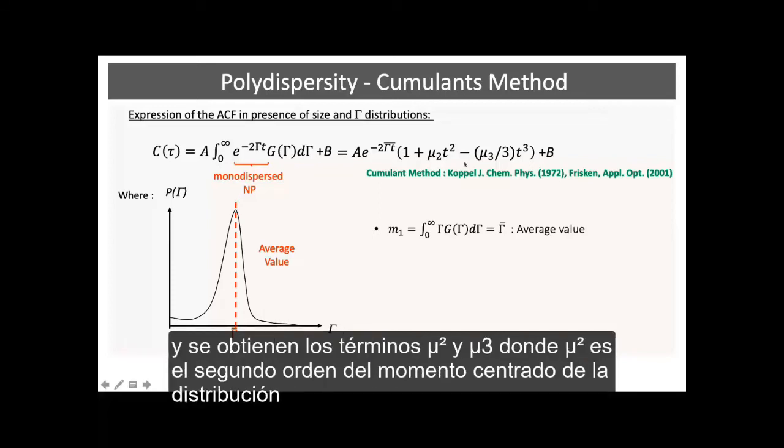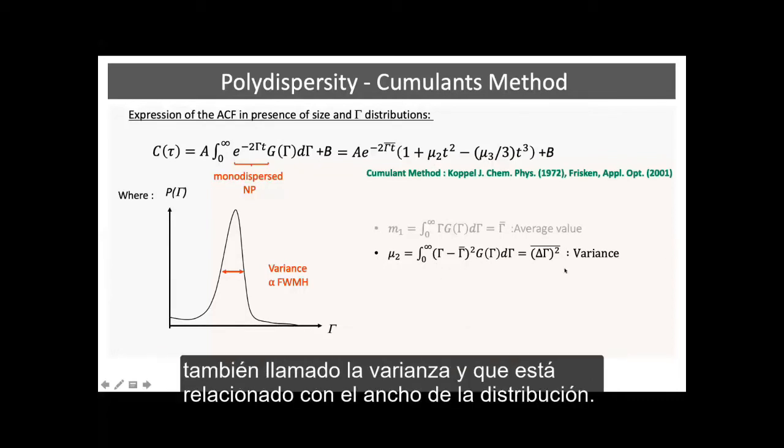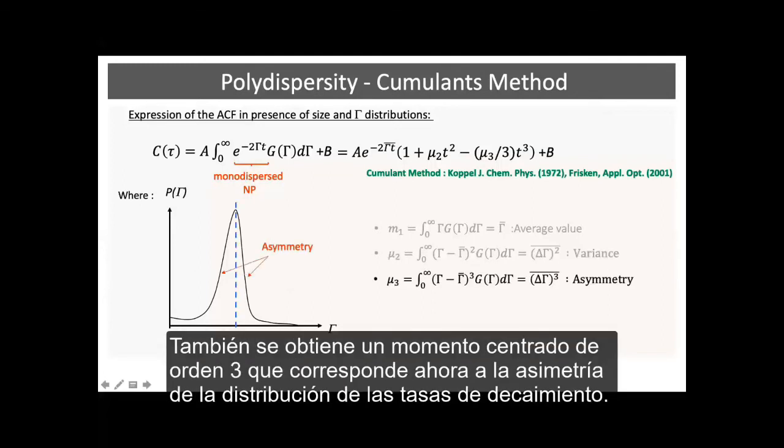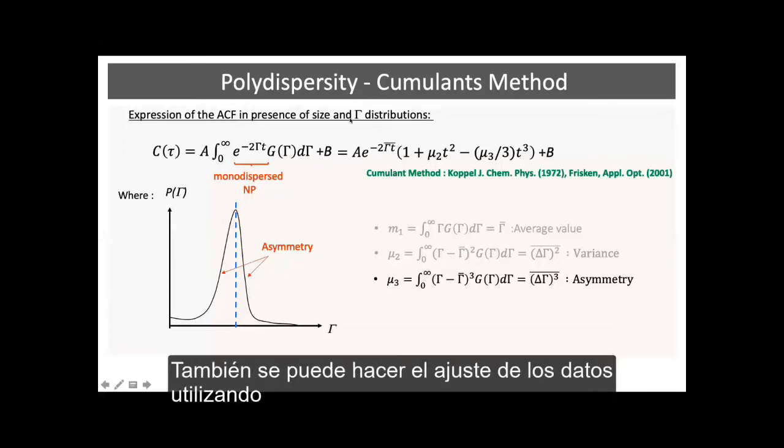And you have terms mu2 and mu3, where mu2 is the second order centered moment of the distribution, also called the variance, which is related to the width of the distribution. And mu3 is the centered moment of order 3, which corresponds to the asymmetry of the distribution of the decay rates.